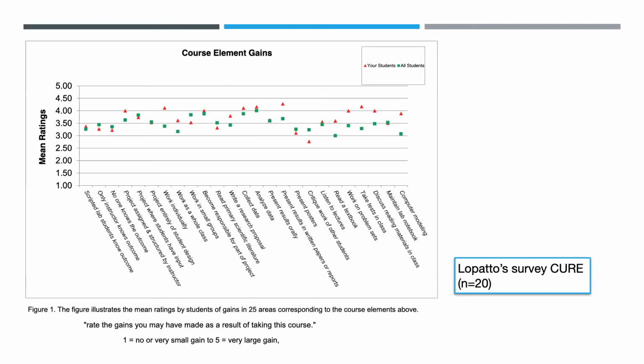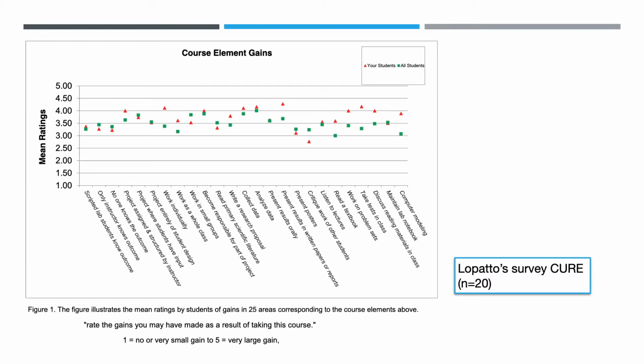Now, this graph that I have on the screen right now is coming from the CURE survey from Lopatto. In this survey, he reports my students' responses to questions about their gains. Like, how much do you think you gained because you participated in this course? And it goes over different components that are typical in course-based undergraduate research courses.